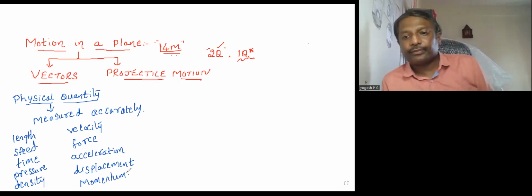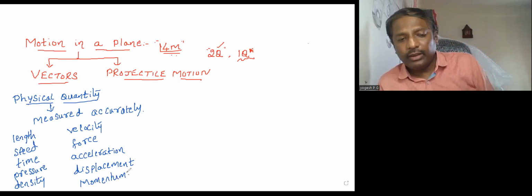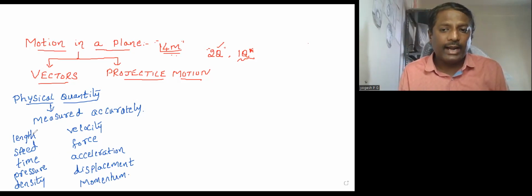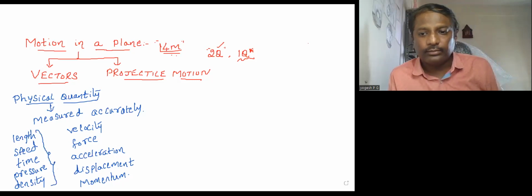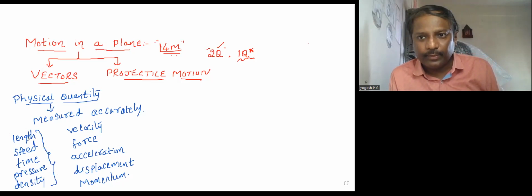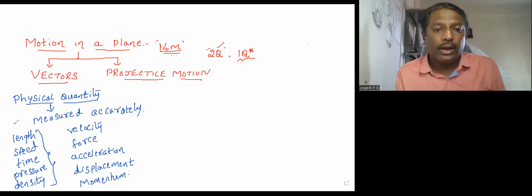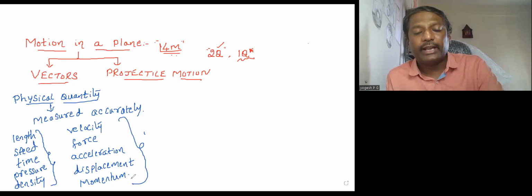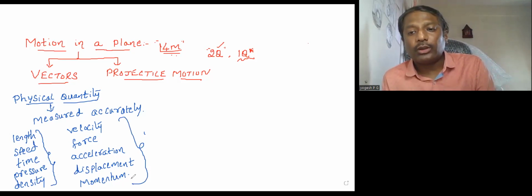Look at this. In this, you can notice that all these quantities which are in the first column have only the magnitude, there will be no direction. But in the second column, the quantities which are there have both magnitude and the direction, isn't it?